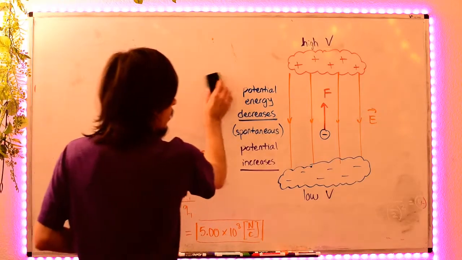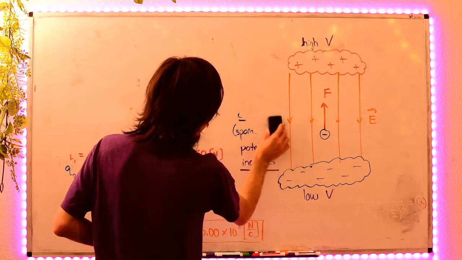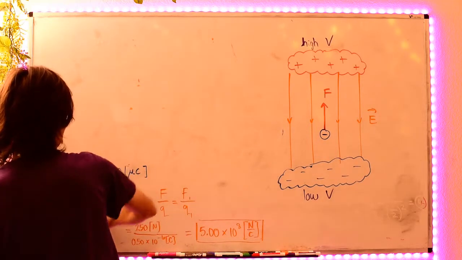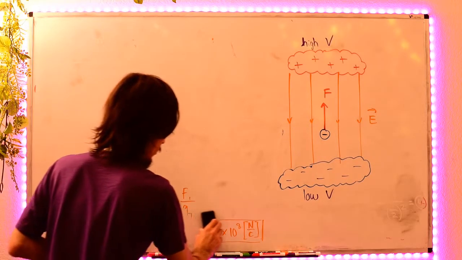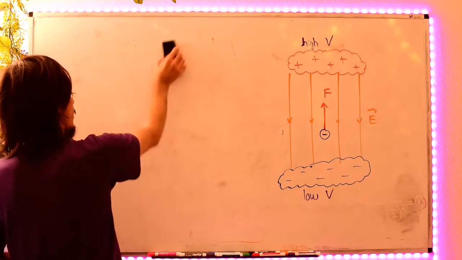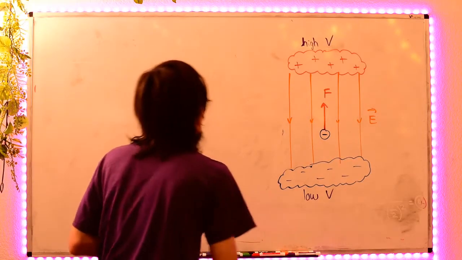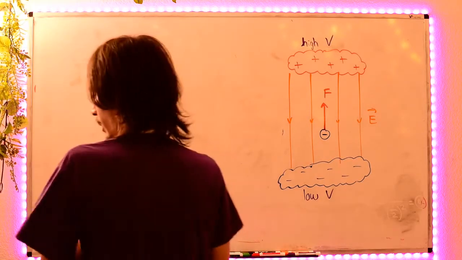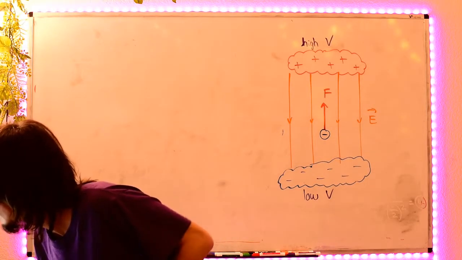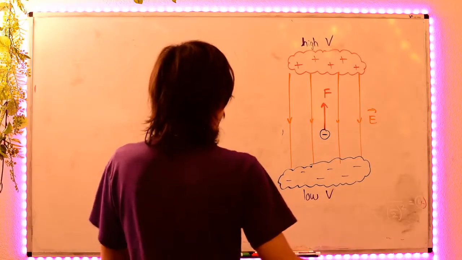So let me erase this, and I'll just use that diagram now. Okay. So now, I believe in this case it is an electron, so I can keep it that way. Yeah, so it's an electron, so we can keep doing that.